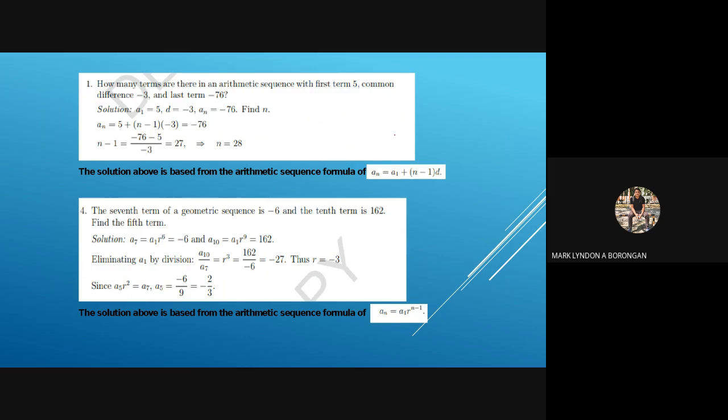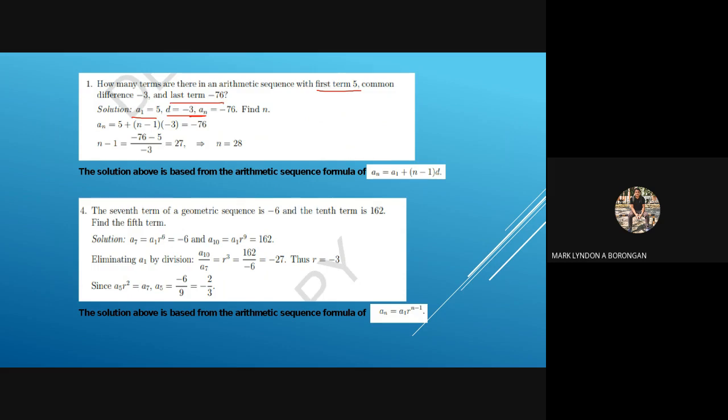So given this problem, the first thing that you are going to do is to list down the given. So listing down the given, a sub 1 is our first term, that is 5. Your common difference is 3. Then a sub n is negative 76. That is a sub n because it is the last term.